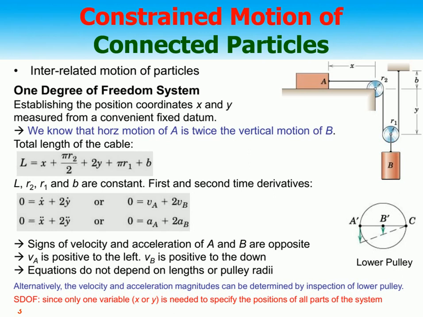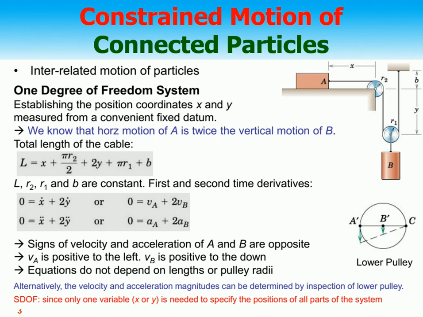Right? So I define the motion of this distance as x, of course, and the motion of this pulley as y, and this distance b is basically a constant distance. And there is a certain constant amount of rope wrapped over the two pulleys.